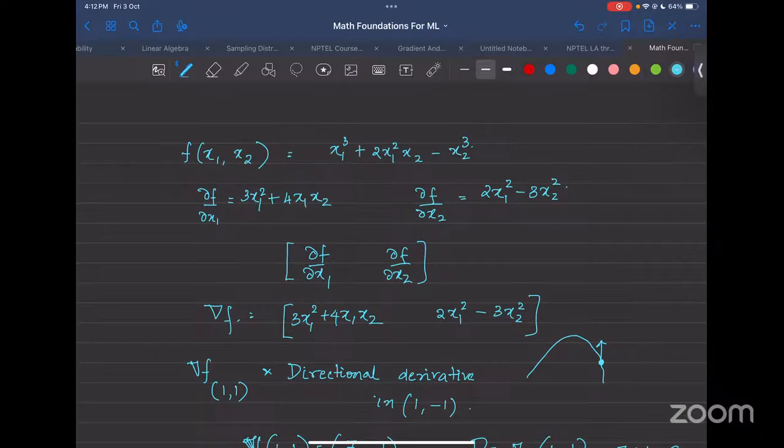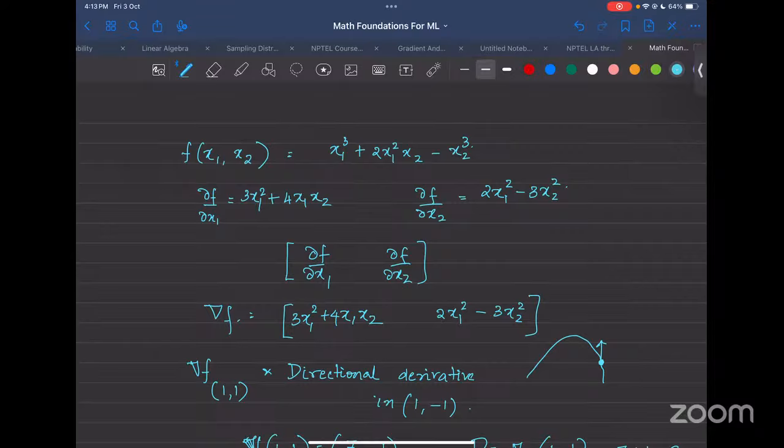Why is the gradient in the direction of steepest descent, and what is the geometric intuition behind this? I think I have done this in the course itself. See, if you look at a three-dimensional surface, say you're climbing a mountain, and you're at a particular height, and now you calculate the gradient.